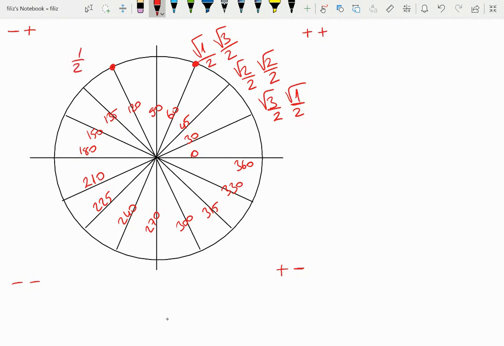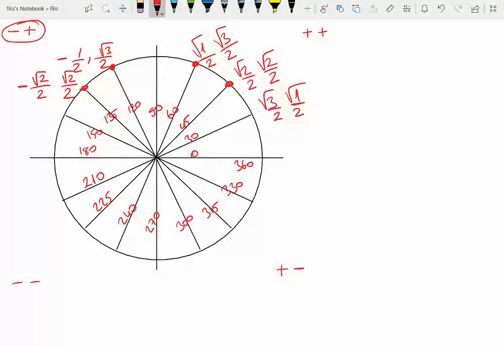1 over 2, square root of 3 over 2. The first one negative. Why? Because we are in the second quadrant. Okay, same. This one and this one same. Square root of 2 over 2. Square root of 2 over 2.